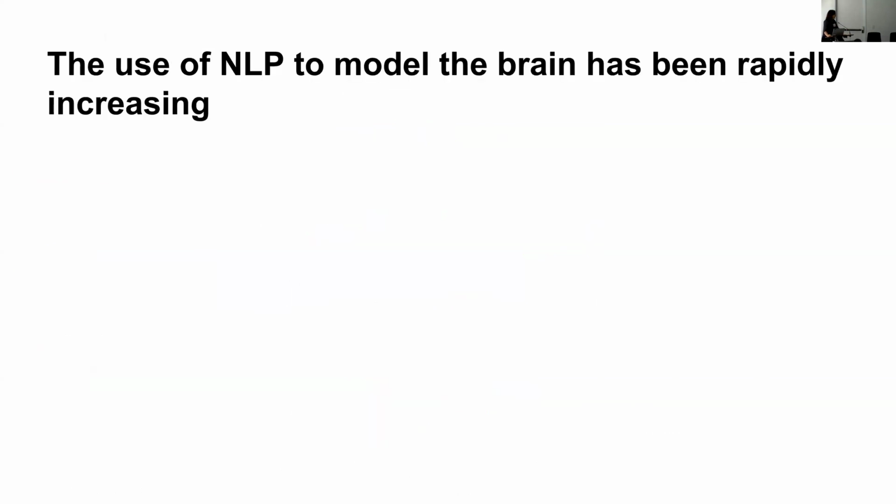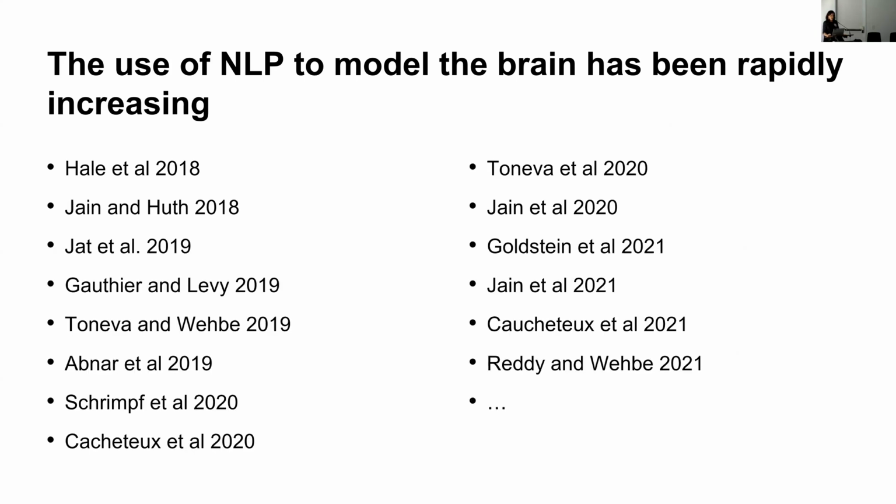And after that, this method started being adopted in the field. People used it to study syntax using EEG and to study context representation using fMRI. And very quickly, this method started being adopted. These are just some of the papers that appeared until 2021, and there's so much more work that's happened since then.